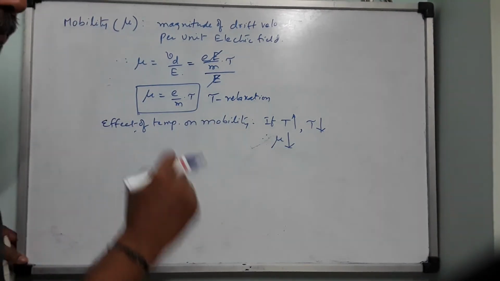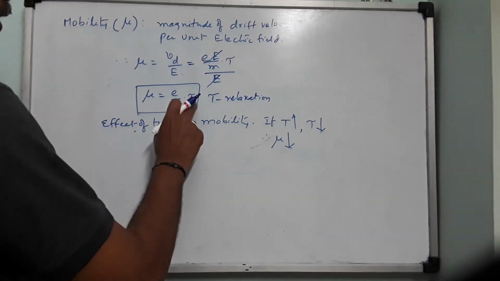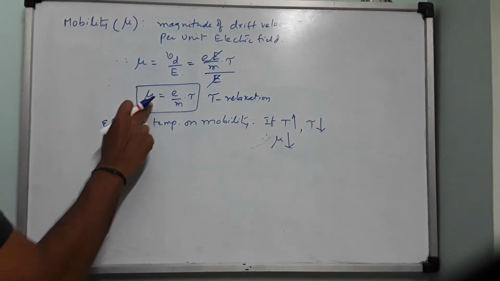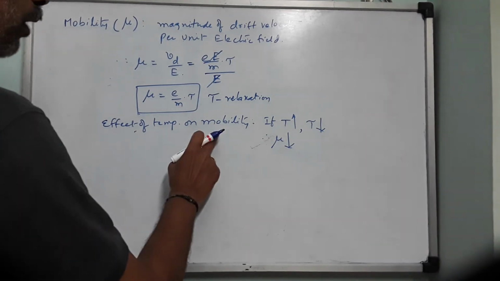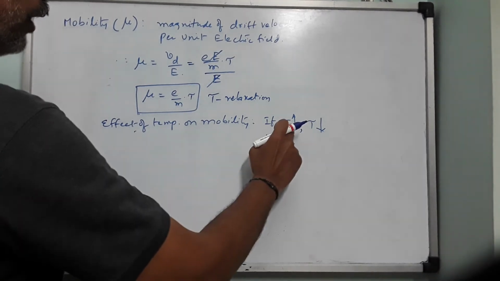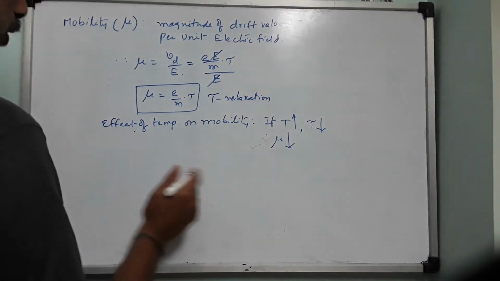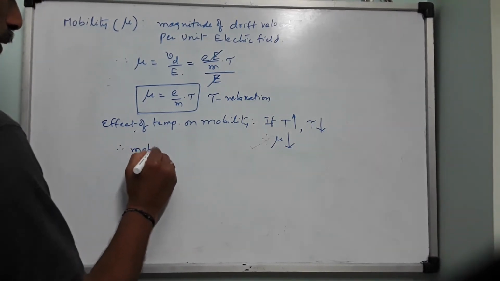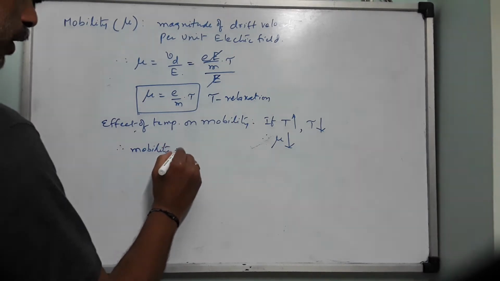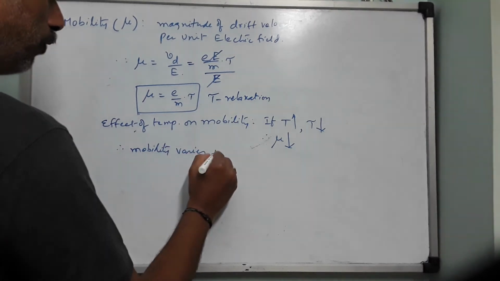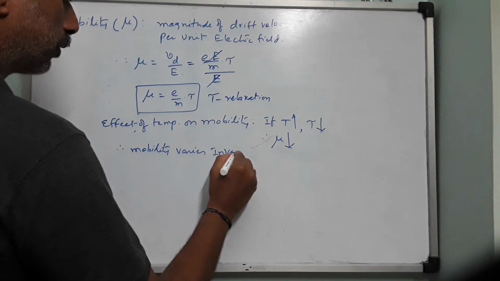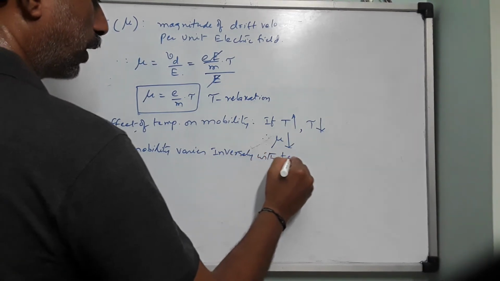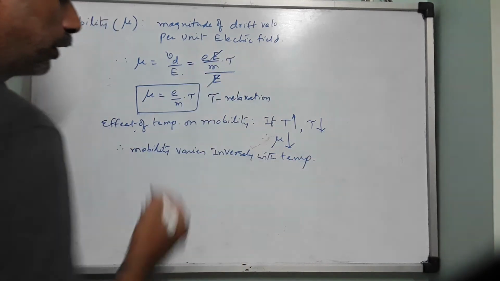Conversely, if temperature decreases, then tau increases, and mobility also increases. So, the effect of temperature on mobility is, when temperature is increased, mobility is decreased. Therefore, mobility varies inversely with the temperature of the conductor. So this is the conclusion.